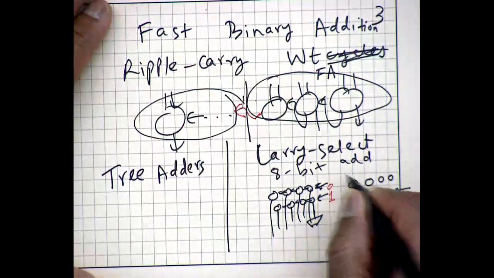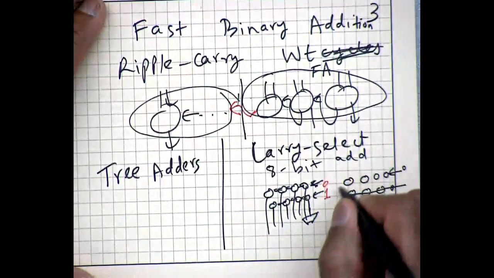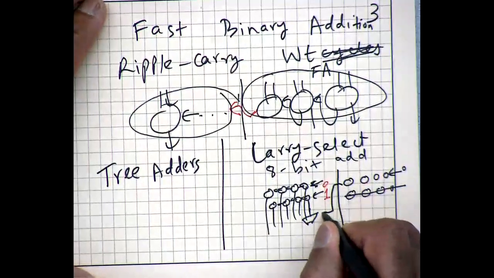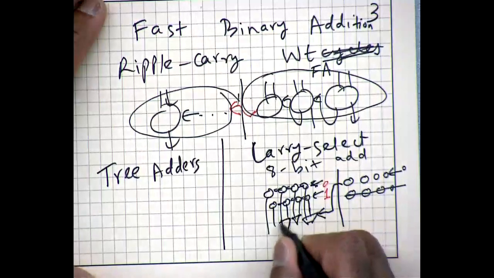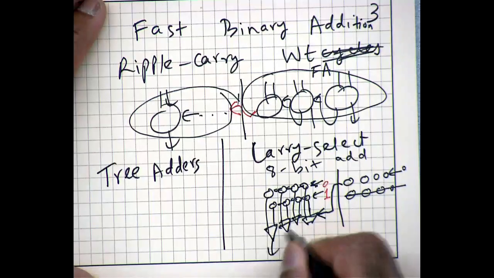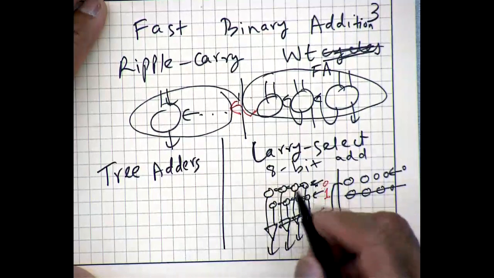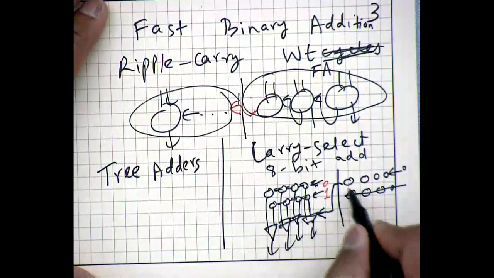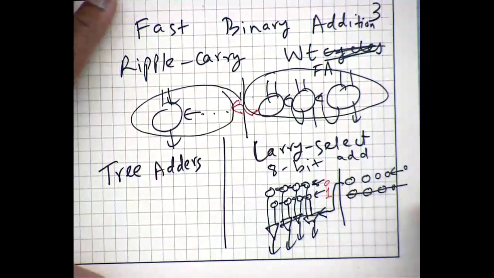I don't need to double compute for the lower part because carry input is 0, and as soon as this carry is known, I take that carry as a control signal to all of these, and then finally I select which of them is the correct sum. So compute both possible cases, carry input 0 and carry input 1, and then select as soon as that is known. So that's what carry select adder is. That's the principle of carry select adder.